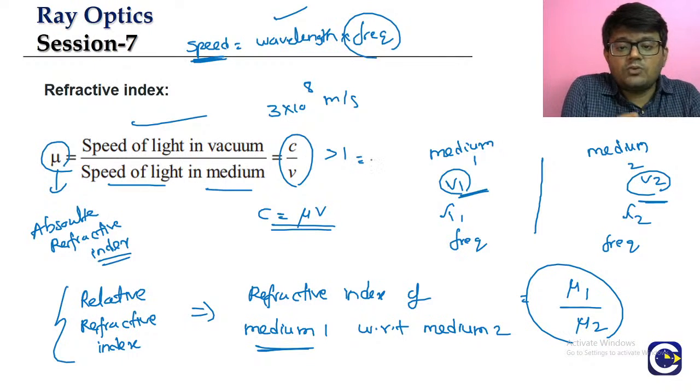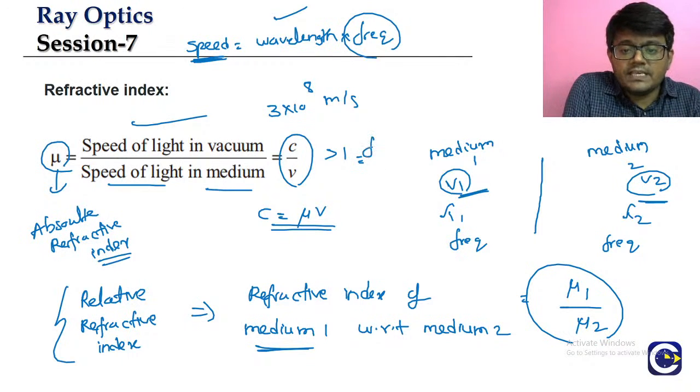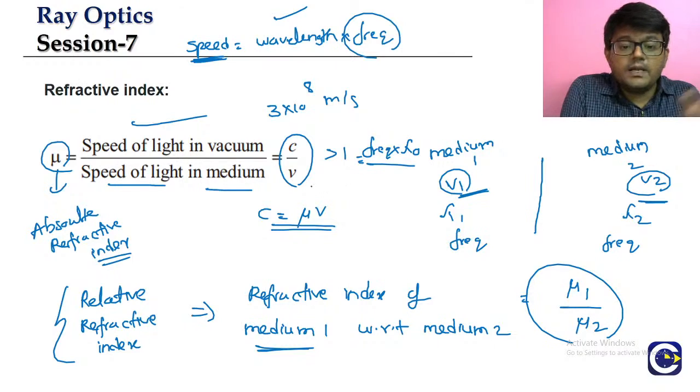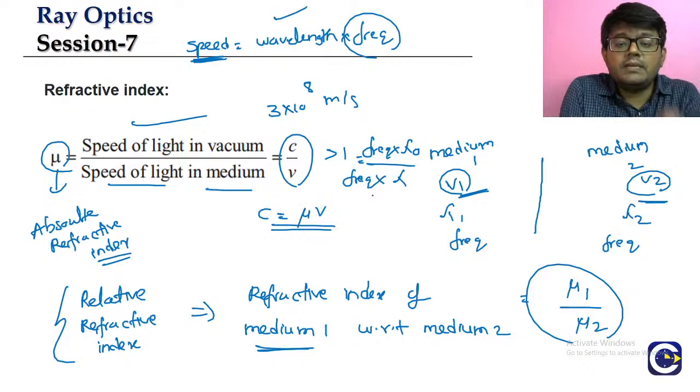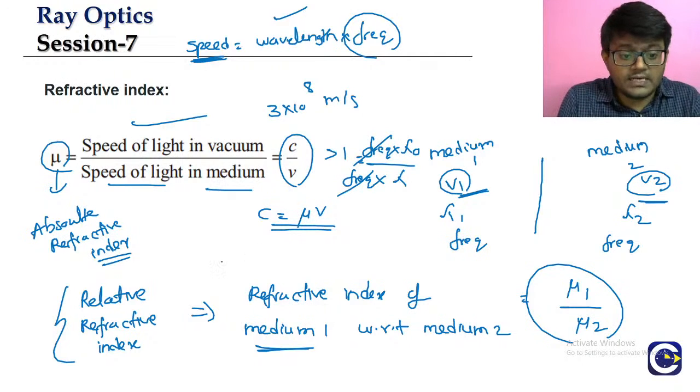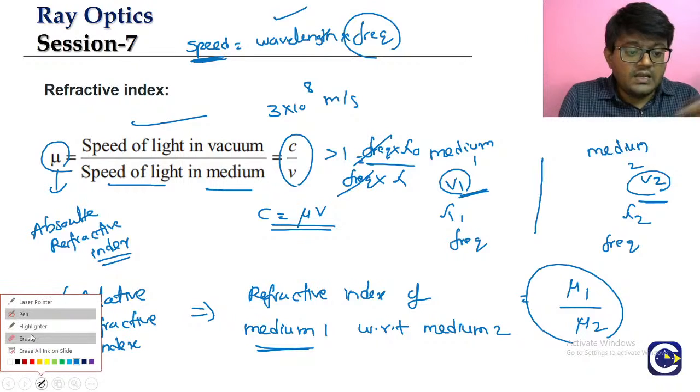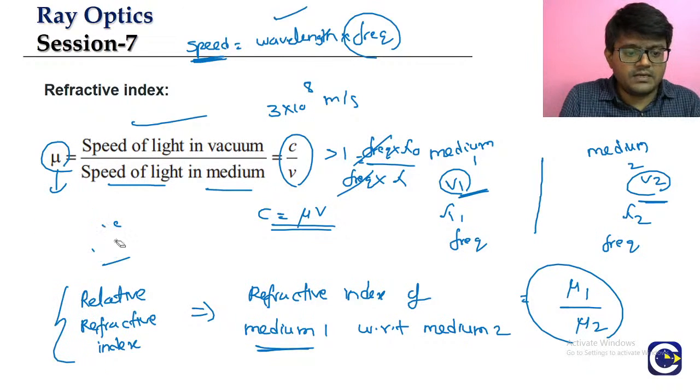Speed of light in vacuum means frequency into wavelength, let us say lambda naught, divided by speed of light in the medium, which means frequency into wavelength in that medium, let us say lambda. So frequency is cancelled. So refractive index, we can also understand it like this.